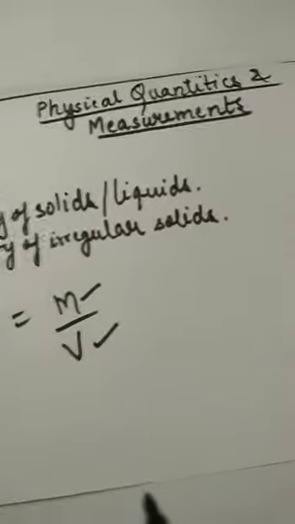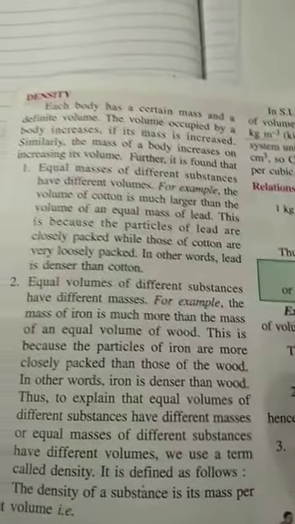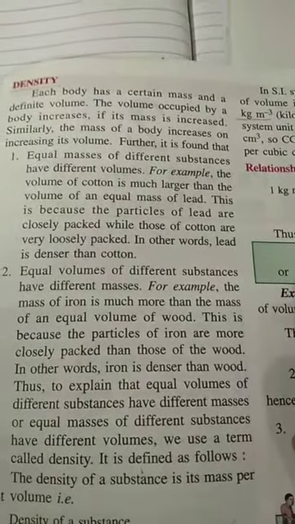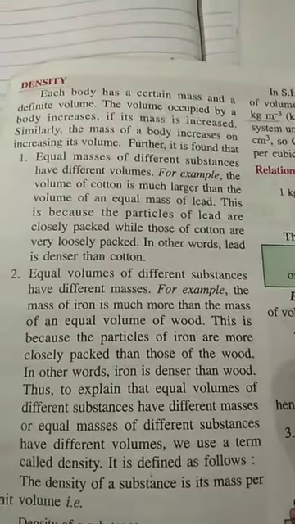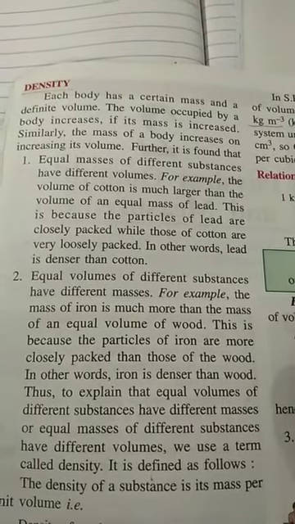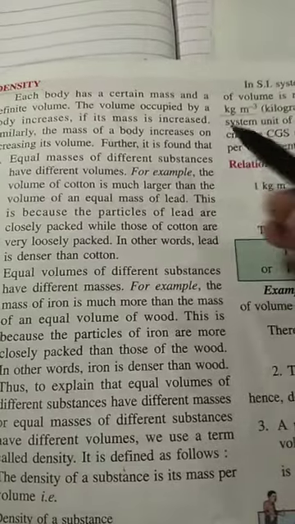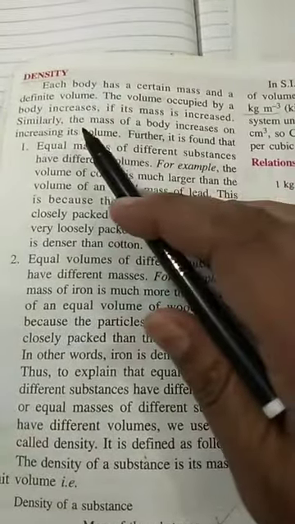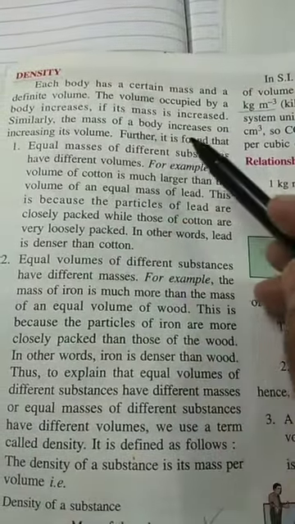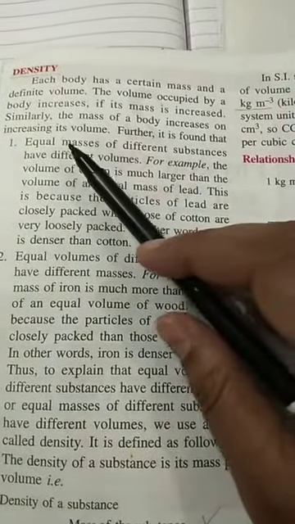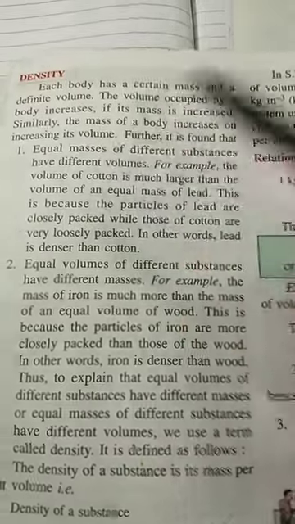In the book it is given that each body has a certain mass and definite volume. The volume occupied by the body increases if its mass increases. Similarly, the mass of the body increases on increasing its volume.